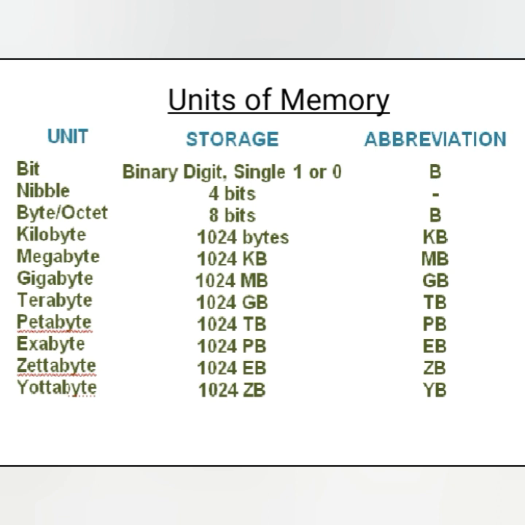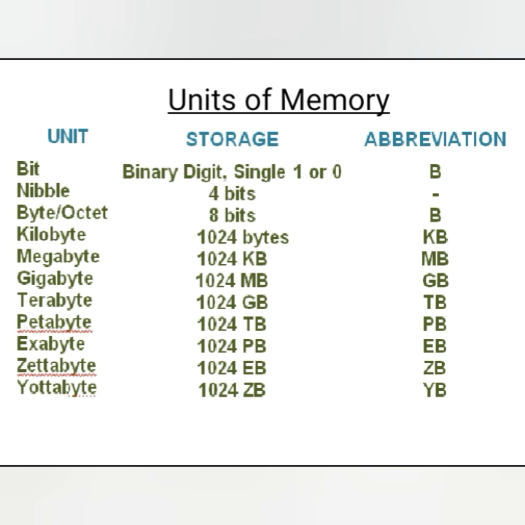And 1024 bytes make 1 kilobyte. And 1 megabyte is equal to 1024 kilobytes. Then 1 gigabyte is 1024 megabytes. 1 terabyte is equal to 1024 gigabytes. 1 petabyte is 1024 terabytes.